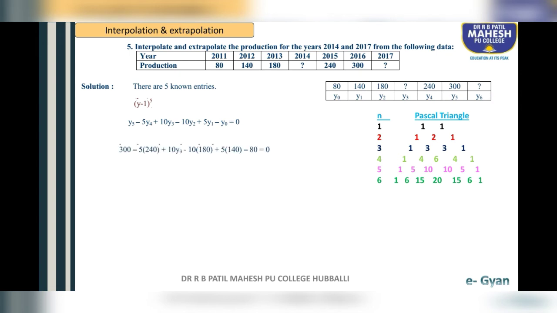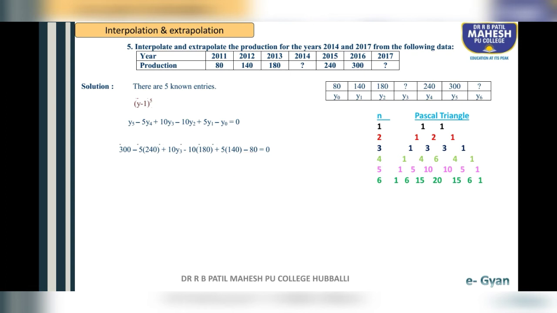Now we substitute the values, students. y5 is 300. You can refer to this to write the y values. y5 is 300. Substitute here: minus 5 into y4 is 240, plus 10 into y3 as it is, minus 10 into y2 is 180, plus 5 into y1 is 140, minus y0 is 80.